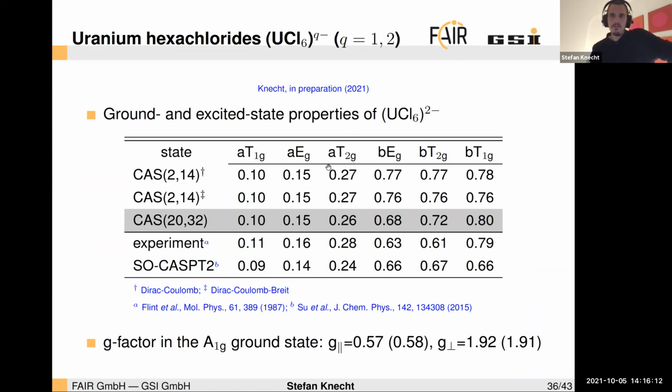So if we want to model the experimental spectrum, not much is known about the vibrational progression, unfortunately, only for the higher lying excited states, but that we haven't looked at. But clearly, if you want to model the experimental spectrum apart from just a stick spectrum, then we would need to include also finite temperature effects. Yes, that's for sure. Thank you.